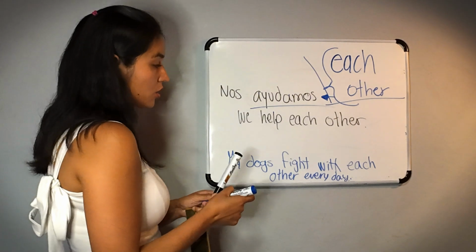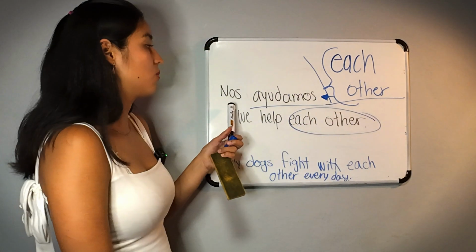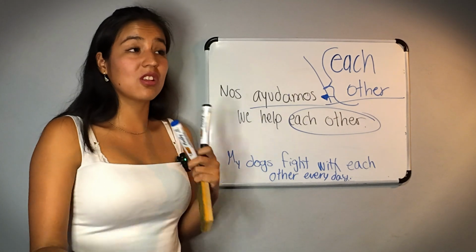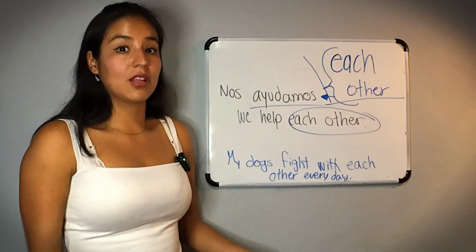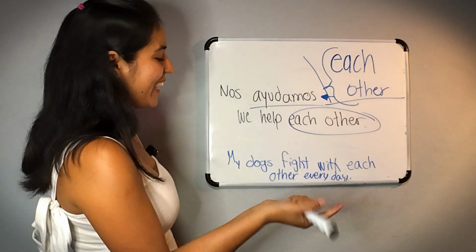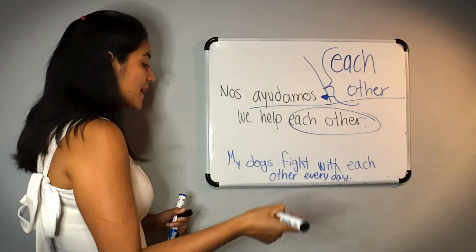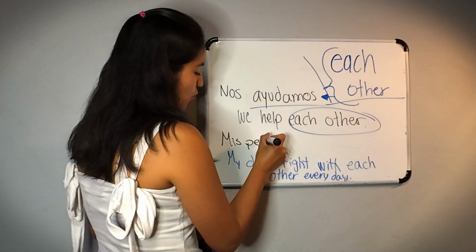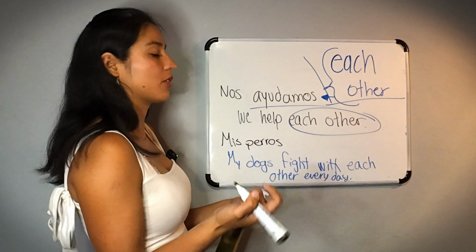Okay? So this each other, you don't have to use it because it's already saying that this action is mutual, okay? And I have another here, and I'm gonna make this one with you guys. My dogs fight with each other every day. My dogs, mis perros, because of course this thing has to be plural because it's a mutual, so it has to be two parts involved.